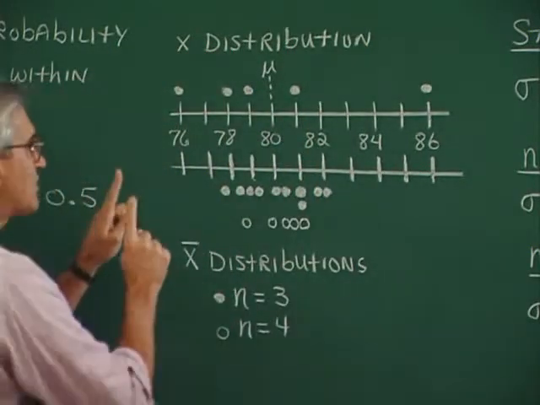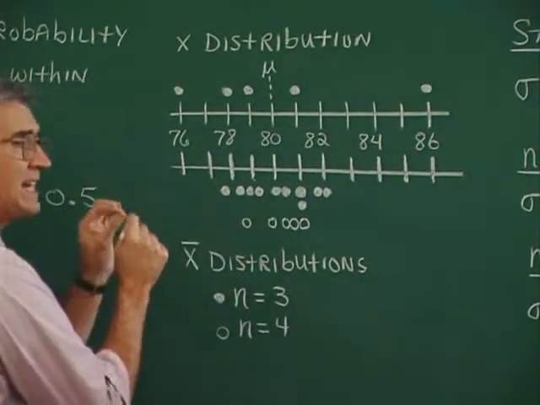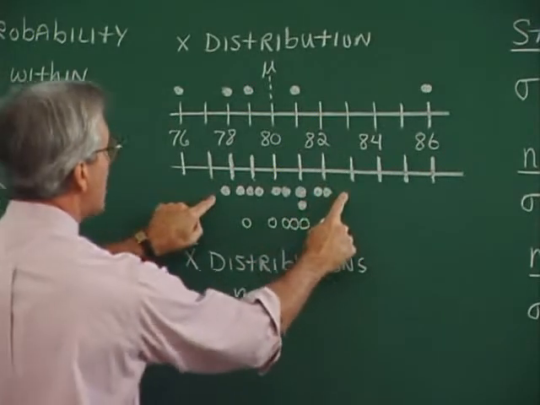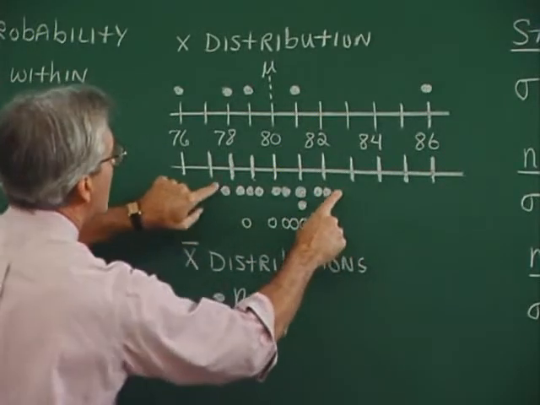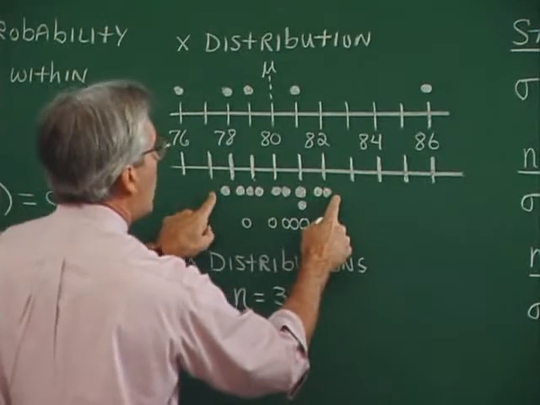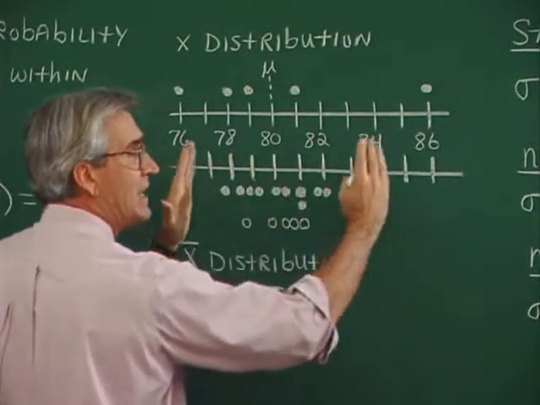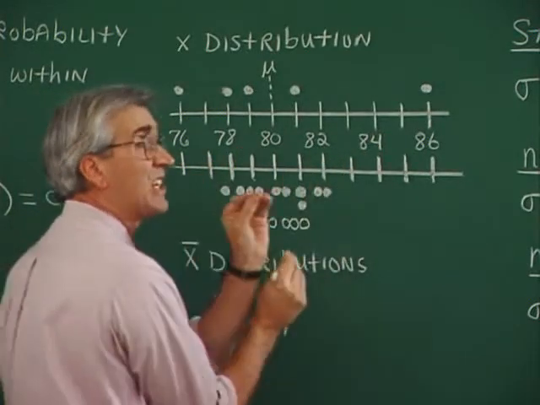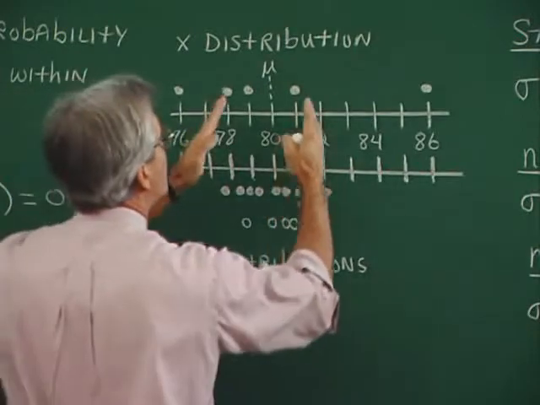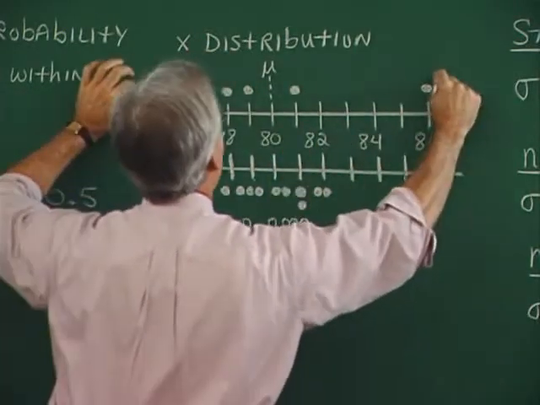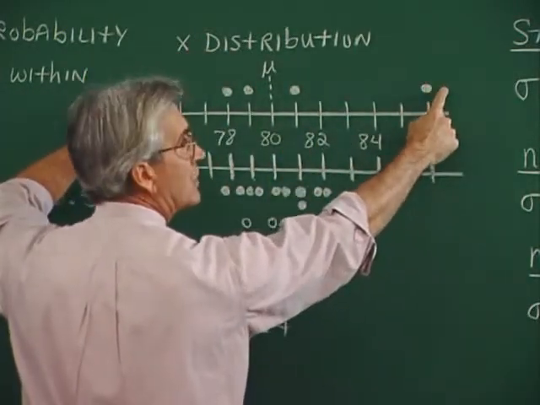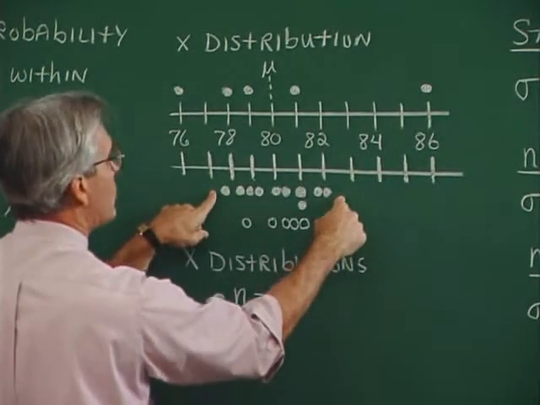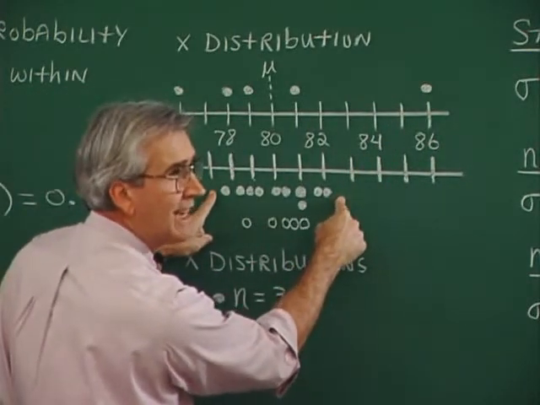Now, the X bar distribution for n equal 3 is here. All right, and notice how the spread of values, as expected, would not be as spread out as the X distribution. So this is the X bar distribution for sample size 3.